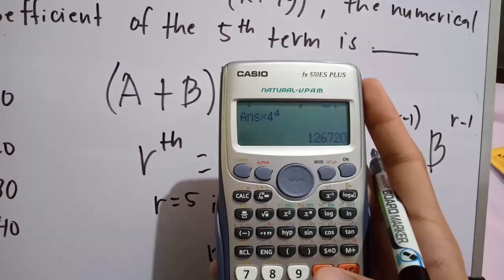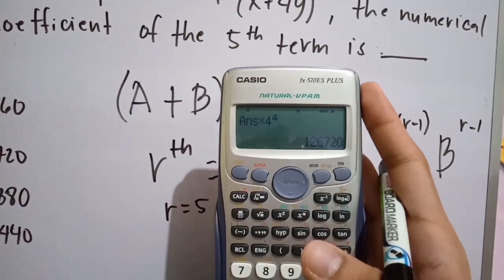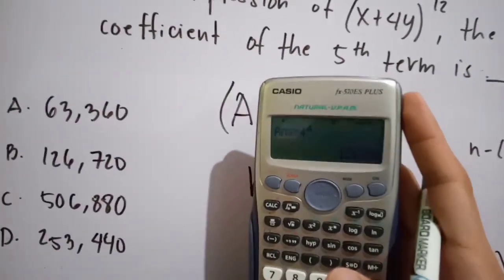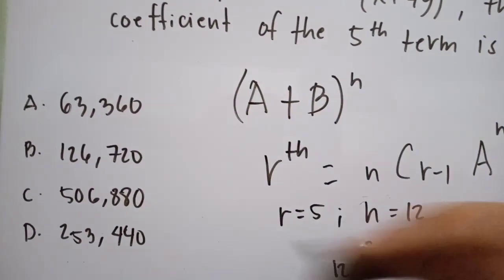So ito yung coefficient ng fifth term natin: 126,720. Tingnan natin. So letter B ang tamang sagot. 126,720.